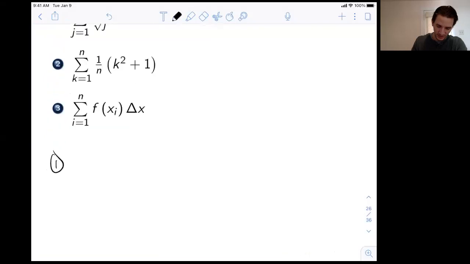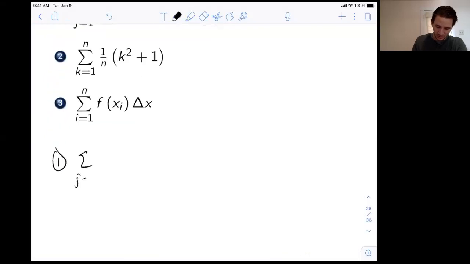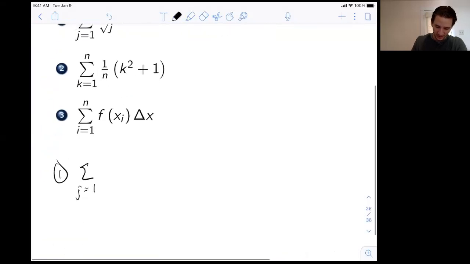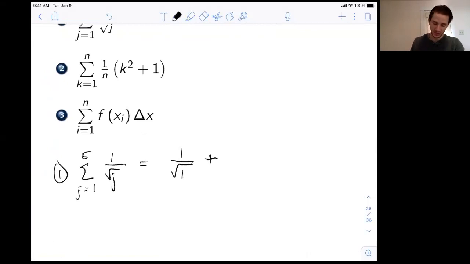Number 1, the sum j equals 1 to 5 of 1 over the square root of j. Well, again, we start with j equals 1. So when j is equal to 1, I get the inside of the sum, 1 over the square root of 1. And I write plus. Then I increase j by 1 to 2.